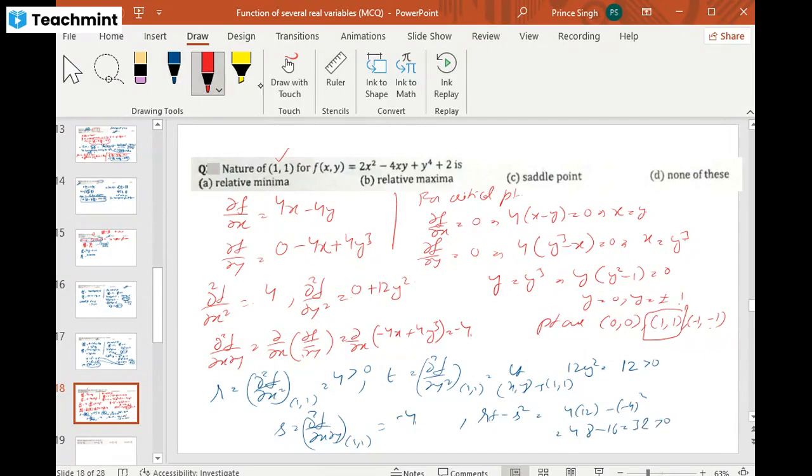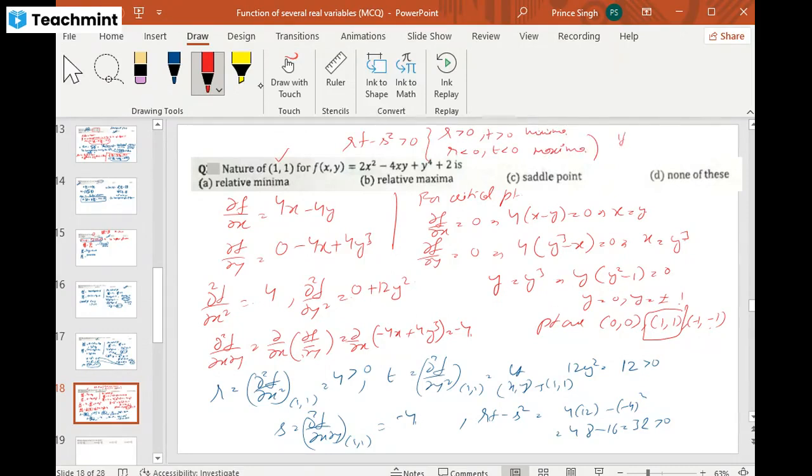So the condition of maxima and minima is if rt minus s square is positive, and if r and t are positive, then this is the condition of relative minima. And if r and t, they are negative, then this is a condition of maxima.